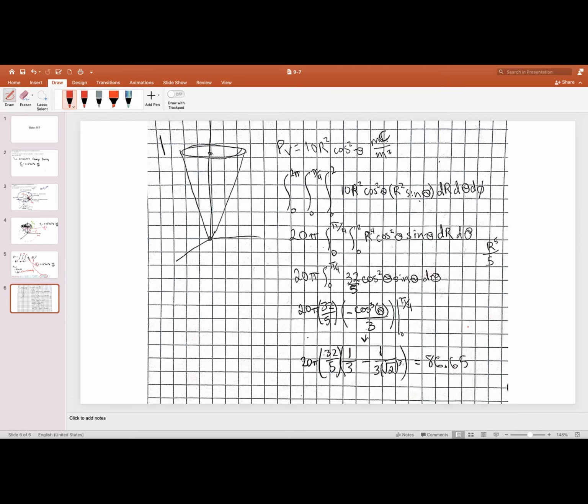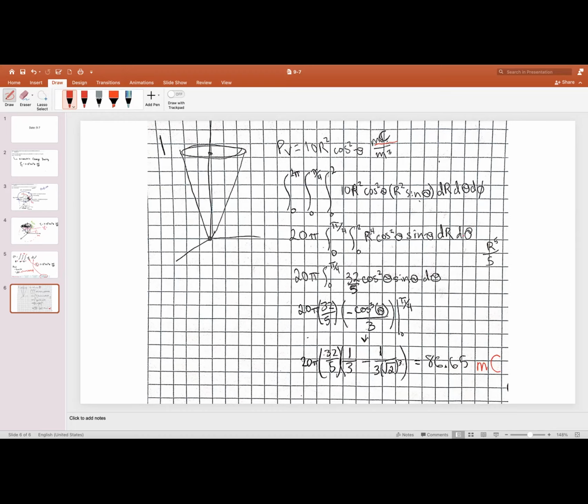It should just be coulombs, right? That's correct. It's not anything per. And one other thing, if you kept this in microcoulombs, your answer here is probably going to be in microcoulombs also.